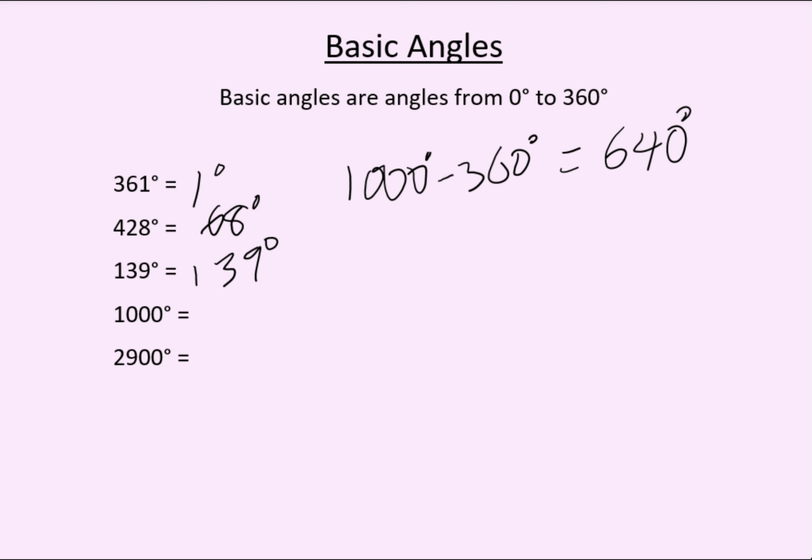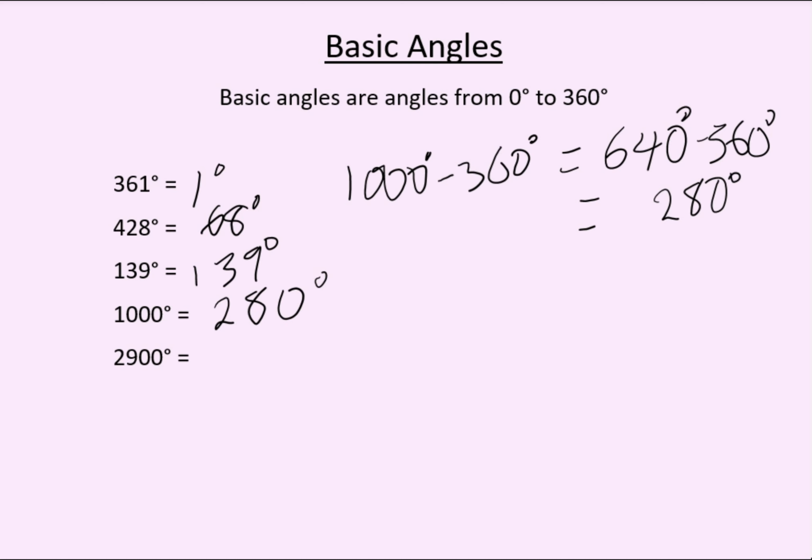Don't forget, the basic angle must be from 0 degrees to 360 degrees. So 640 degrees minus 360 degrees again, we're going to get 280 degrees. Now, this 280 degrees falls between 0 degrees and 360 degrees. So that means that is the basic angle. That's our answer. 280 degrees is the answer.